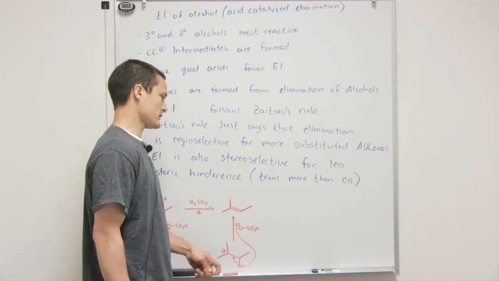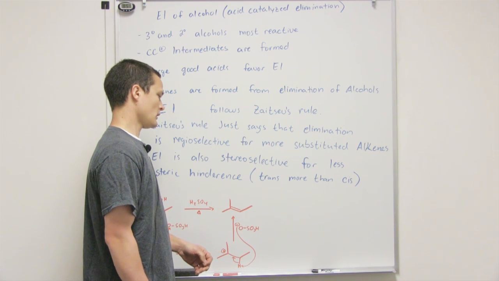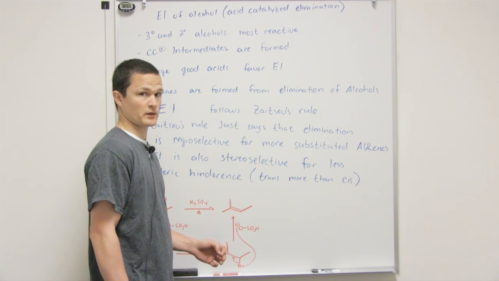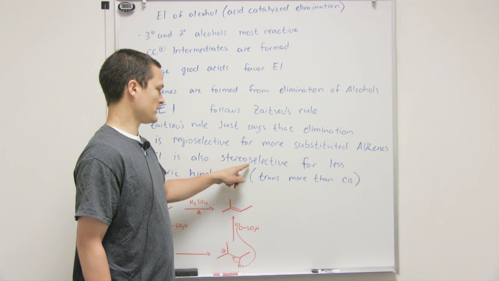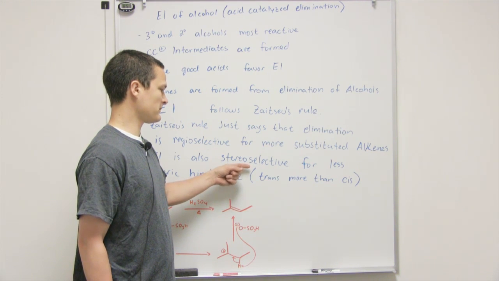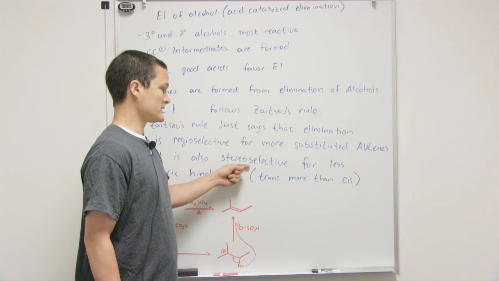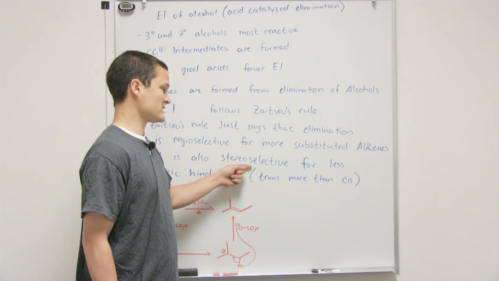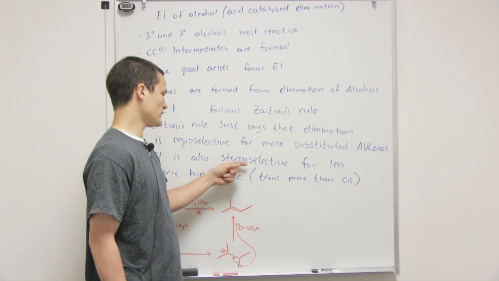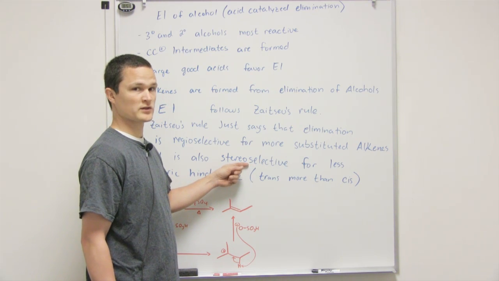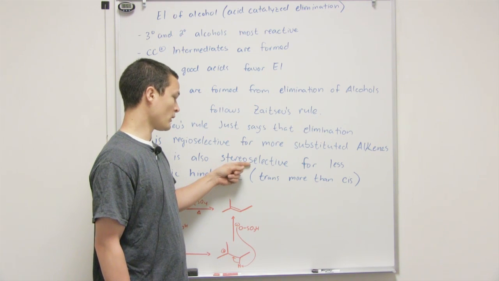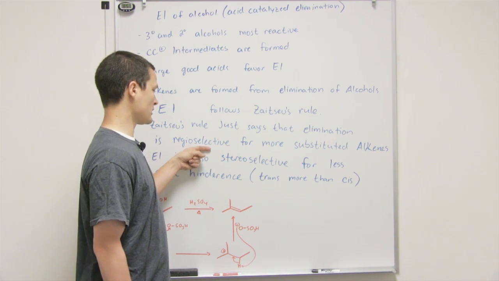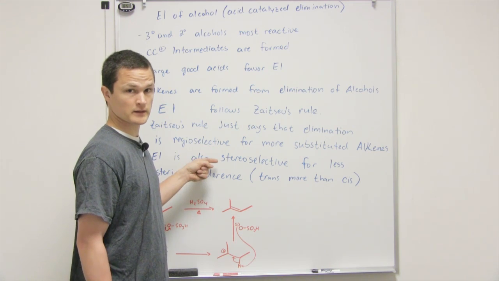E1 also favors the more stable stereoisomer, as we've discussed. When a mechanism favors a stereoisomer, we refer to that as stereoselective. These are two important things to understand and be able to differentiate: what stereoselectivity is, what regioselectivity is, and how they're different.